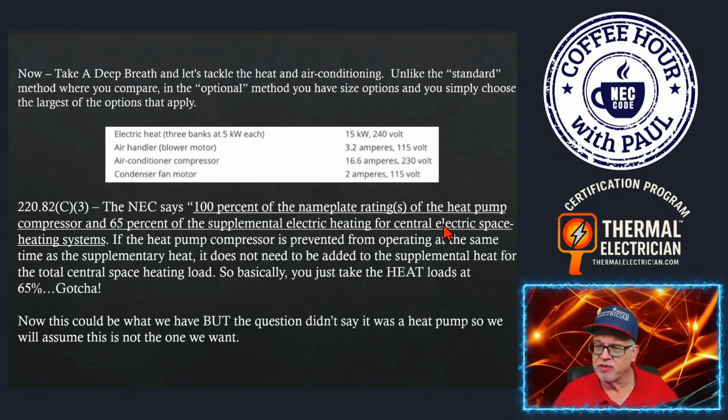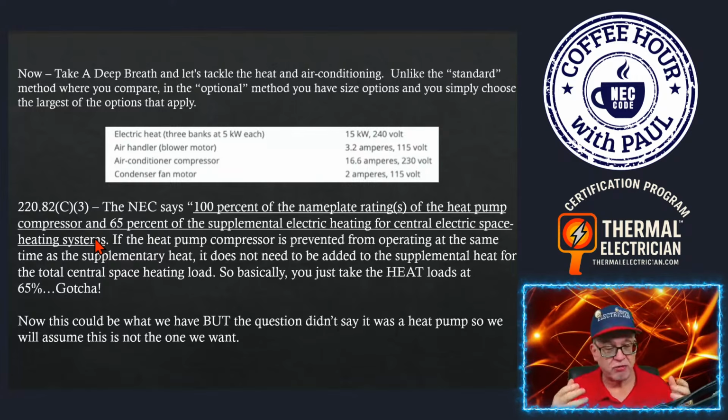So in my scenario I have a heat pump and a separate supplemental heating system. I would take whatever that kW is at 65%, and take the heat pump's compressor amp values, convert them to VA at 100%, and use that if that's the system you happen to be dealing with.